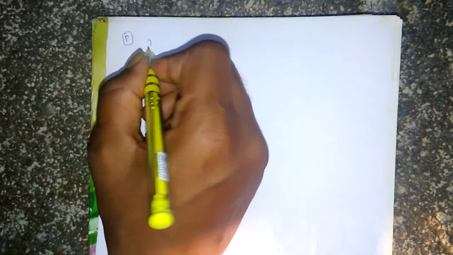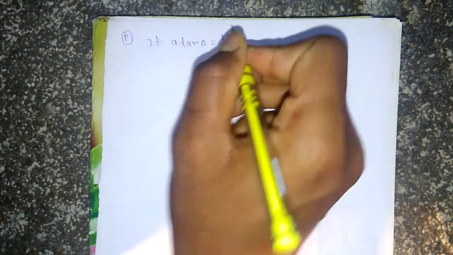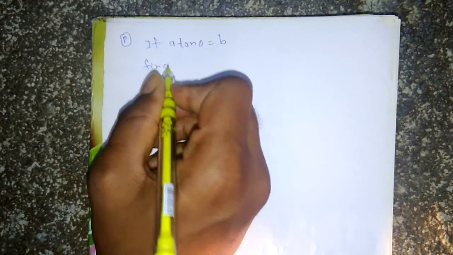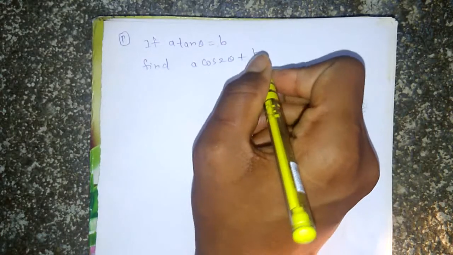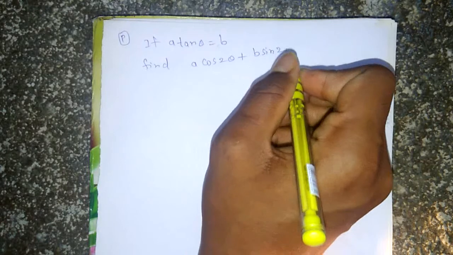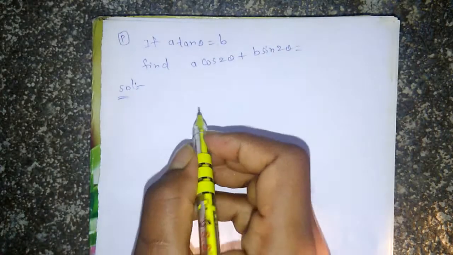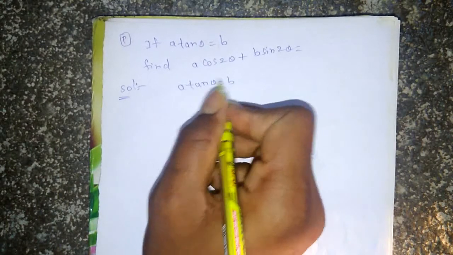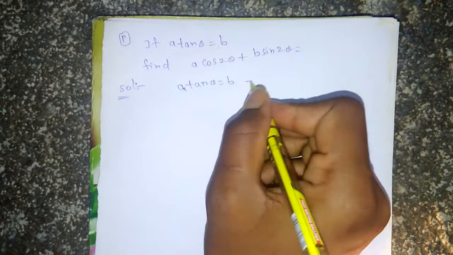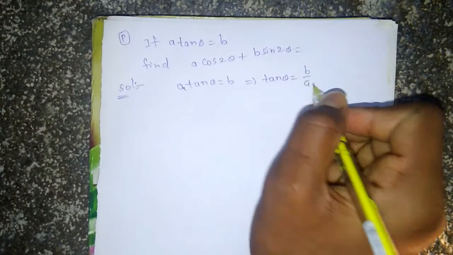Our next problem is, if a tan theta is equal to b, then find the value of a cos 2 theta plus b sin 2 theta. Given a tan theta is equal to b, which implies tan theta is equal to b by a.